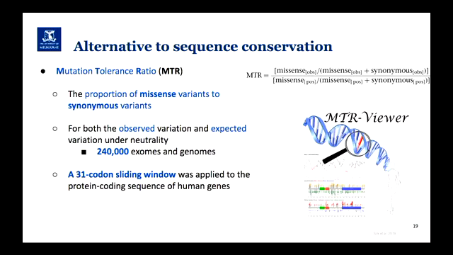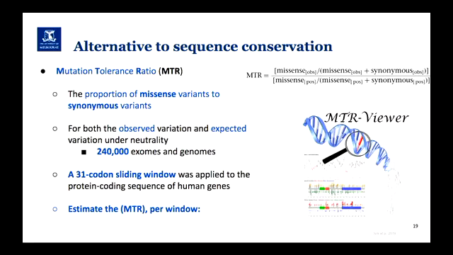With that, you have a ratio from 0 to 1. They calculate it for a specific amino acid region instead of per residue. They have a 31 codon sliding window: I consider the current residue, 15 residues before and 15 residues after, and calculate the MTR score for that region. I'm basically saying, for a 31 amino acid region, what's the missense tolerance ratio of that region.